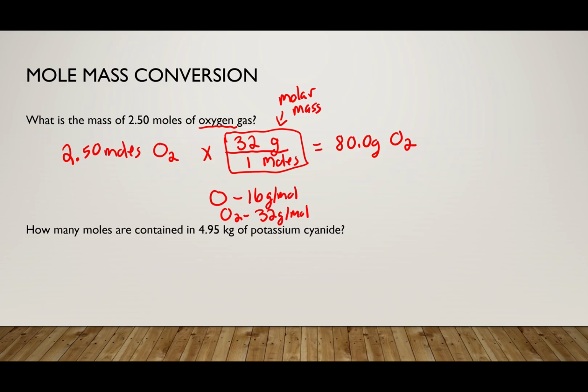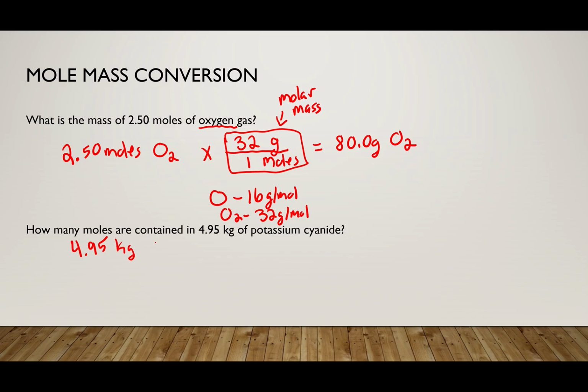In our second example, we want to know how many moles are contained in 4.95 kilograms of potassium cyanide. So here we are given 4.95 kilograms. Now we're looking for moles, and moles to mass would involve grams. So currently we can't really use our measurement of kilograms. We would first have to convert this into grams.